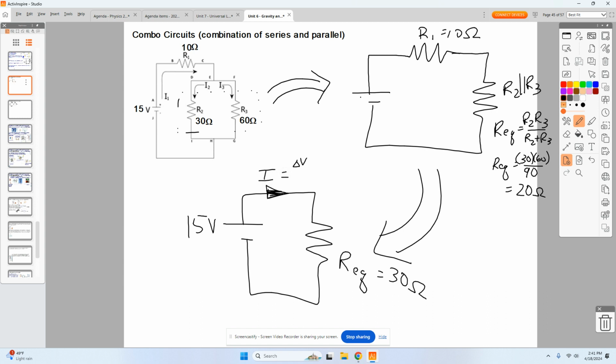It'd be delta V over R, that'd be 15 over 30, that'd be 0.5 amperes. The current flowing from the battery is 0.5 amps. I can put that right here. This is 0.5. That's I1. It's the same current that I have right there, 0.5 amperes. The current flowing through this is 0.5. The current flowing through this is 0.5.